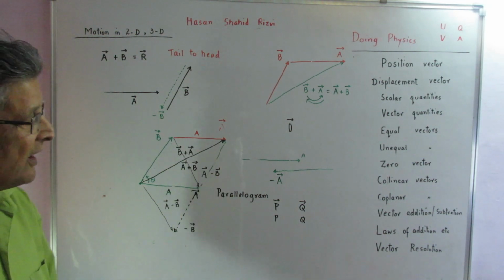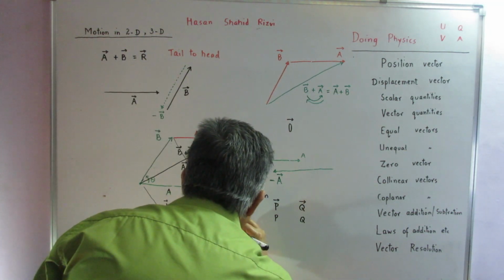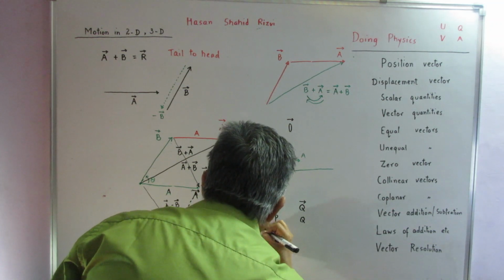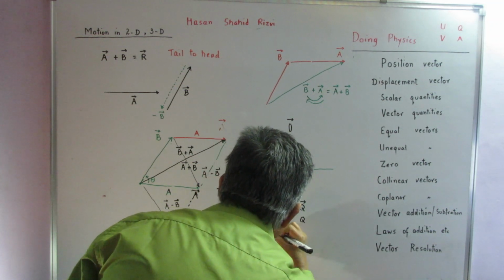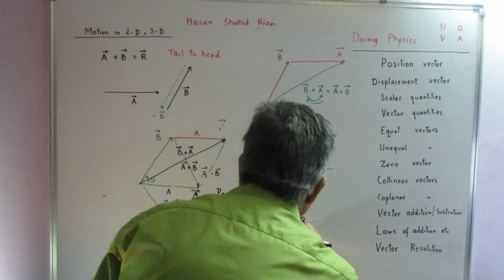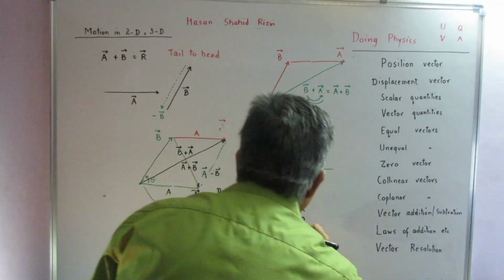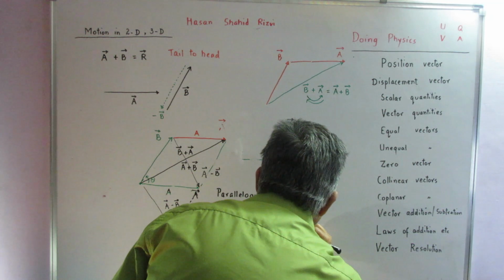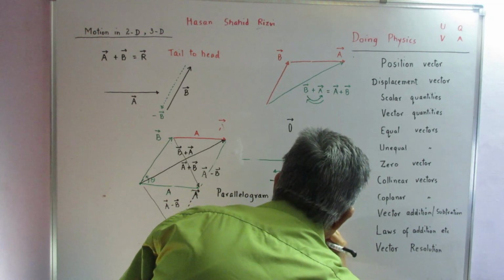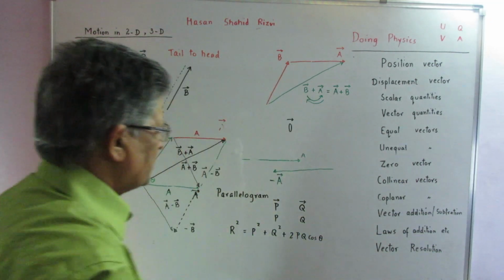Then in the parallelogram law of vector addition, we have the resultant, and that equation turns out to be: the resultant square is equal to P square plus Q square, which we can prove geometrically also, and we'll have the occasion, P square plus Q square plus 2PQ cos of theta, where theta is the angle between the two vectors.